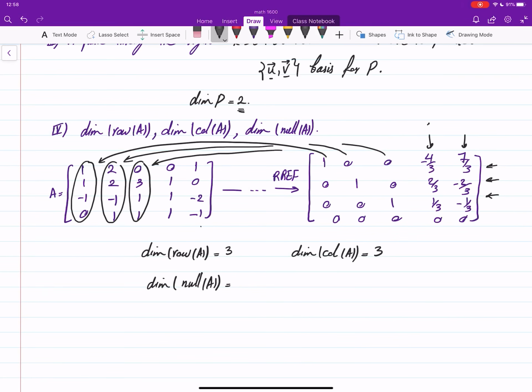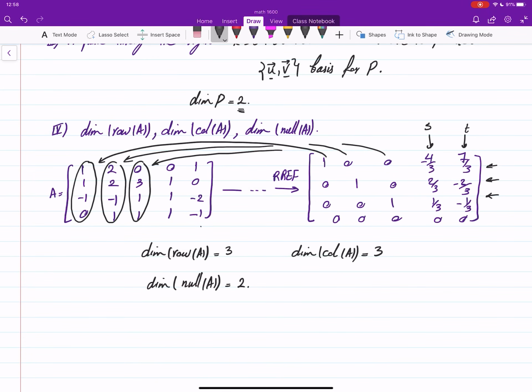So you need free variables s and t, and when you write the solutions of the homogeneous system in terms of s and t, the coefficient of s will be a vector and the coefficient of t will be another vector. These two are linearly independent and they generate the whole null space. That means the dimension of the null space of A is 2.